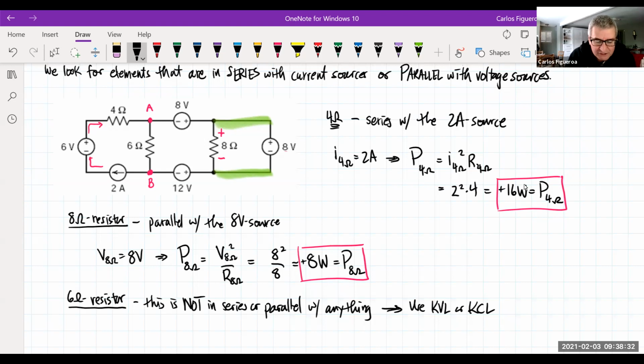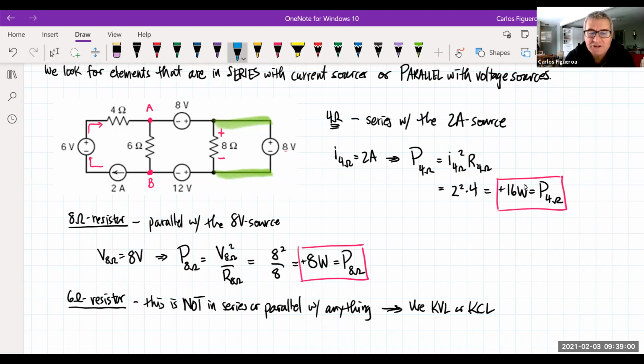When I look at this circuit, what you're seeing is that there's a path with voltage sources. If I try to do the left path, let's see what happens. If I try to use the left path, that means I'm going to take a path. Wait, before we get started, we should do one thing here. We need to pick a direction for the polarity of the 6 ohm resistor.